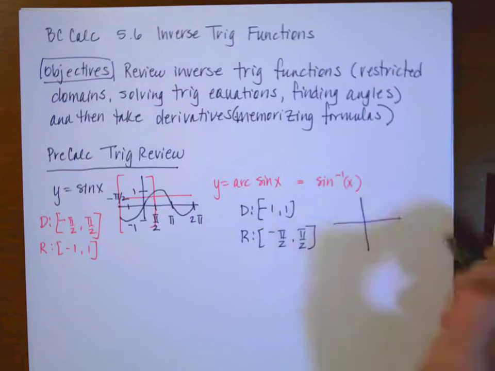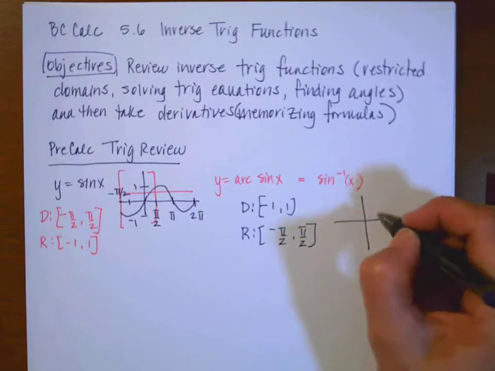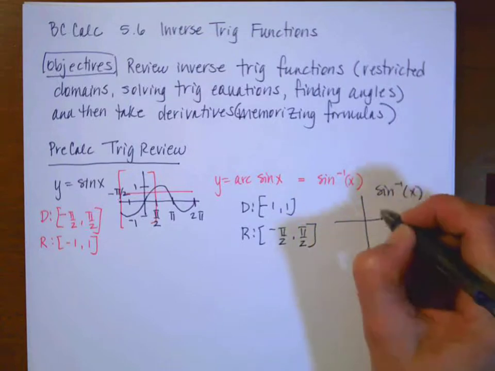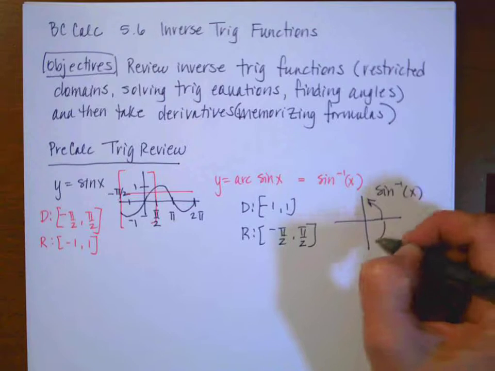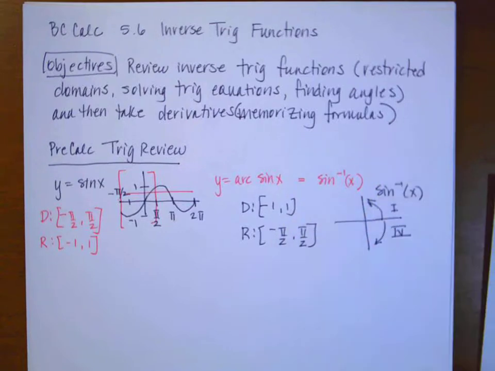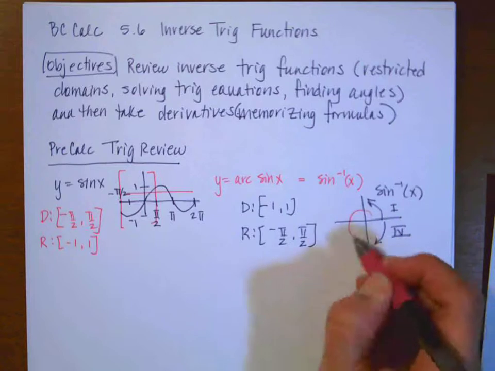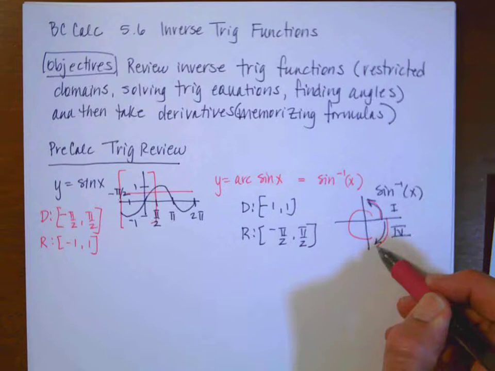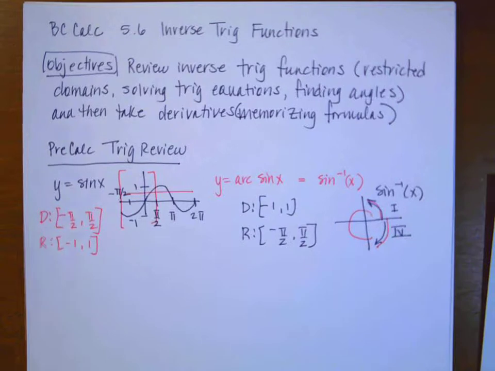And if you think about your unit circle, that means that for the inverse of sine or arc sine, your angles are limited to quadrants 1 and 4. I can't go all of the way around, but I can only do this positive rotation and this negative rotation.